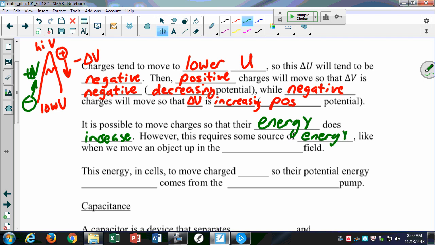Like for example, if we take an object that's here and we want to increase its potential energy, then I add an extra source of energy to raise it up within the gravitational field. And so that source of energy is usually a battery, or it can be other things, chemical energy. This should be gravitational.